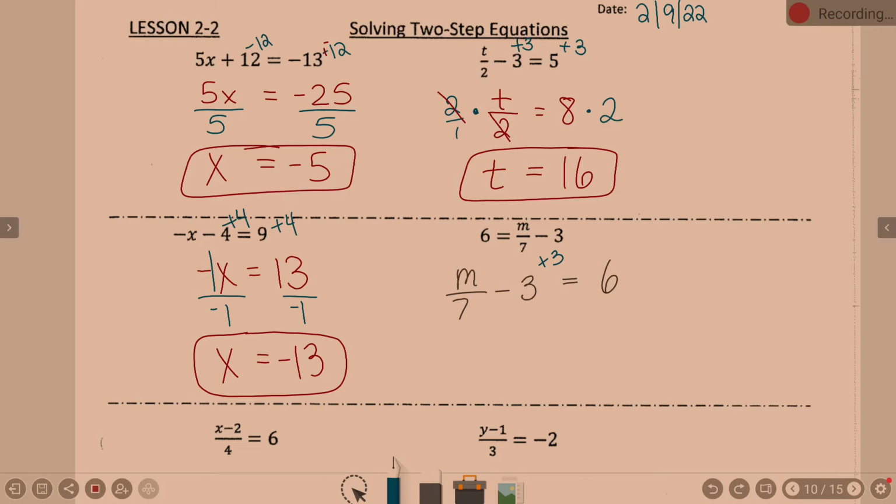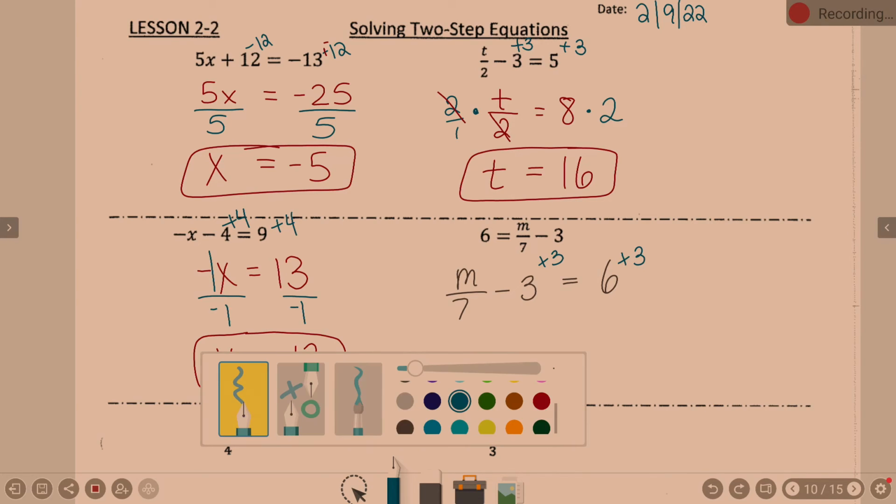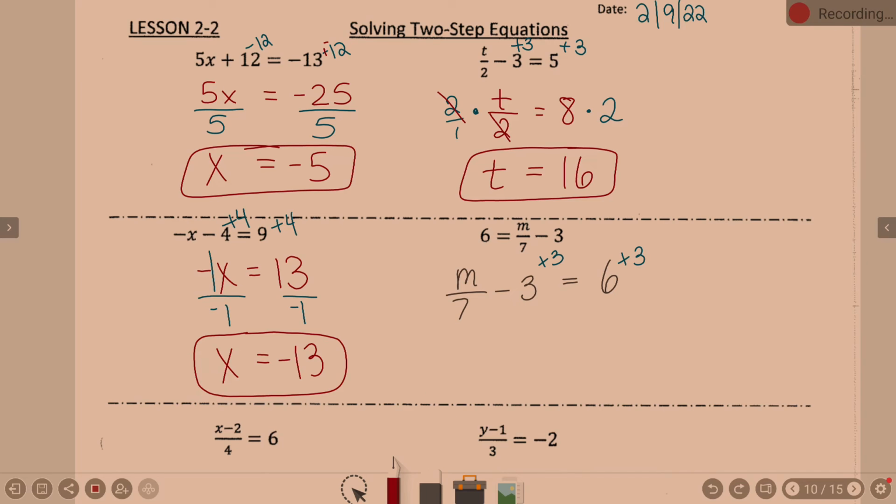The opposite of subtracting 3 is to add 3. Okay, so on the left, I still have m over 7. Minus 3 and plus 3 is 0. 6 plus 3 on the right. 9.